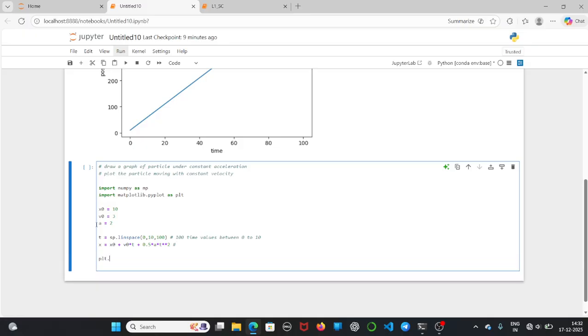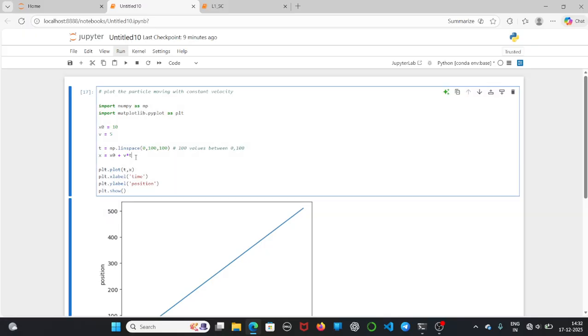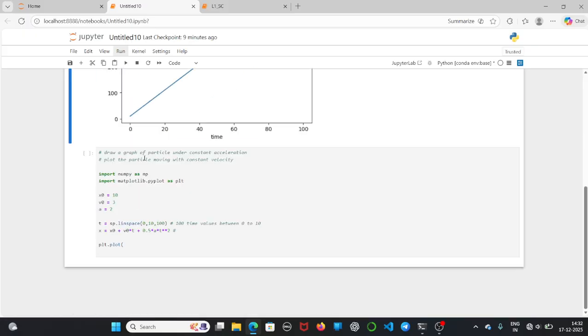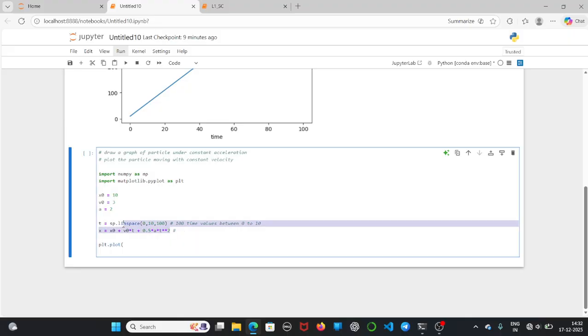So what we are going to do is plt.plot. Previously the particle was moving with a constant velocity, the function was this. Now the particle is moving with constant acceleration, the function is this. So we want to plot t and x, right?